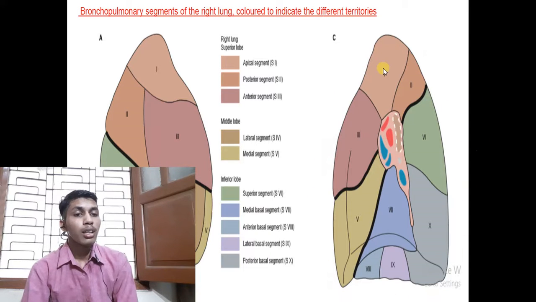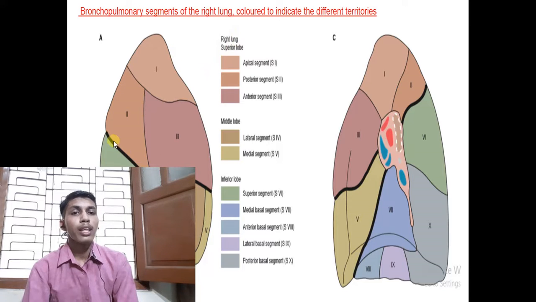Here we find the superior or apical aspect, the inferior or lower aspect, the posterior aspect, and the anterior aspect. Similarly, this is the superior or upper aspect, this is the inferior aspect or base, this is the anterior aspect, and this is the posterior aspect.